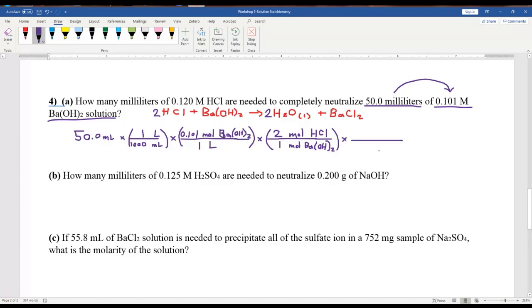So now that I have moles of HCl, what do I do? What goes on the bottom? Moles of HCl. Yes, moles of HCl is going to go on the bottom.